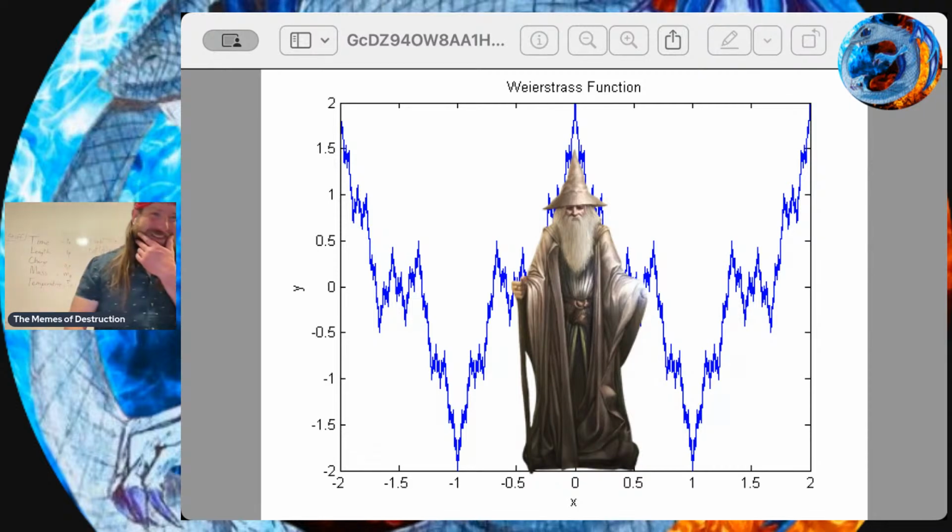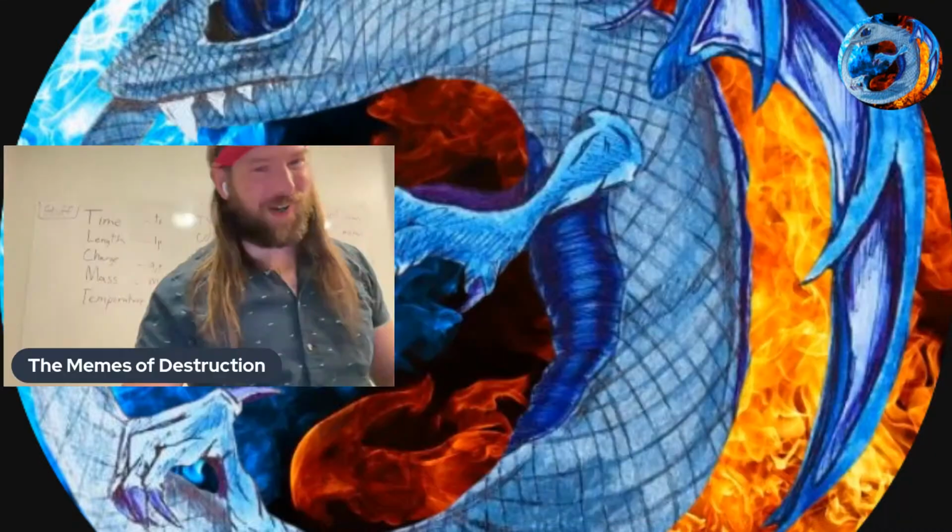My grandmother, God rest her soul, had a place in Florida, and in the guest room it had these decals on it, and I swear it looked like the Weierstrass fractal. I always viewed them as stern old wizards, just being like, "Don't you start any trouble, young man." I still started trouble, not as much when the wizards were watching, but I digress. Yeah, it's the Weierstrass function. It's basically the simplest fractal.